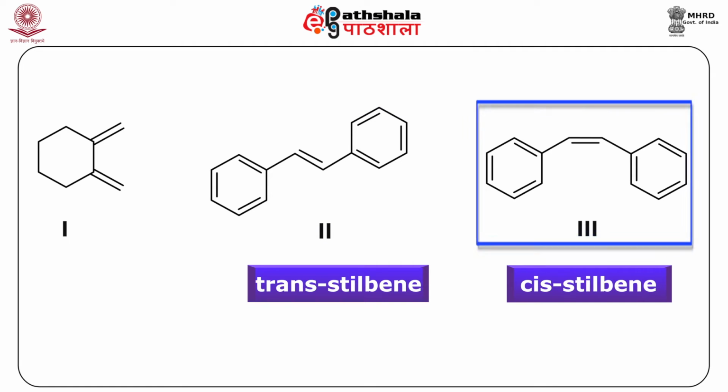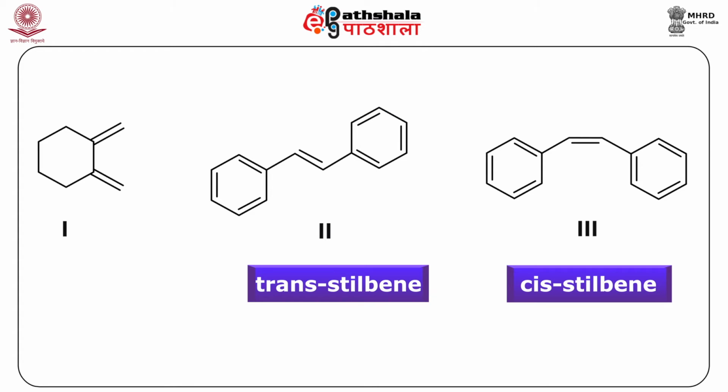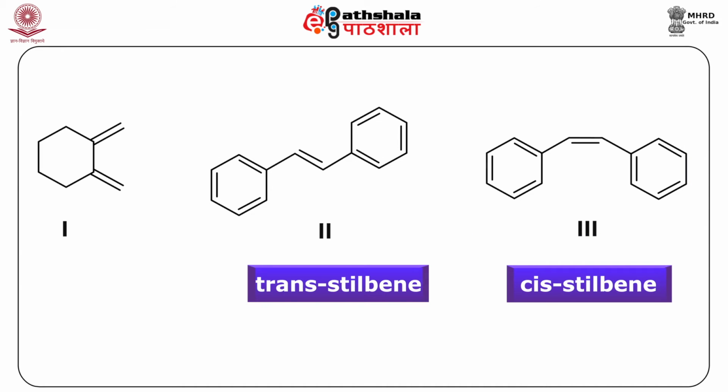For example, trans stilbene, shown at number 2, absorbs at longer wavelength and greater intensity, that is lambda max is 295 nanometer and molar absorptivity 27,000. Then cis stilbene, just next to it, shows lambda max at 280 nanometer and molar absorptivity of 13,500, due to steric effects in the cis conformer as compared to the trans conformer.